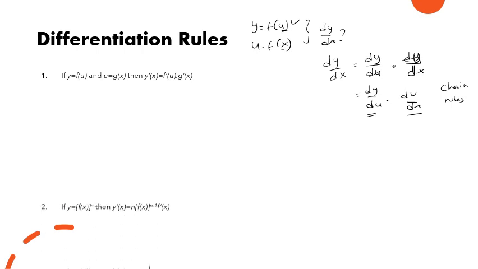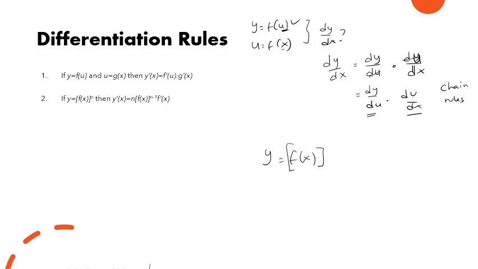Next is, all right, this is a function of a function. No, sorry, the exponential function. So y here is f(x) to the power n. This is also where we apply the chain rule. You see here that this is just n times the function of x to the power n minus 1 times the first derivative of f.